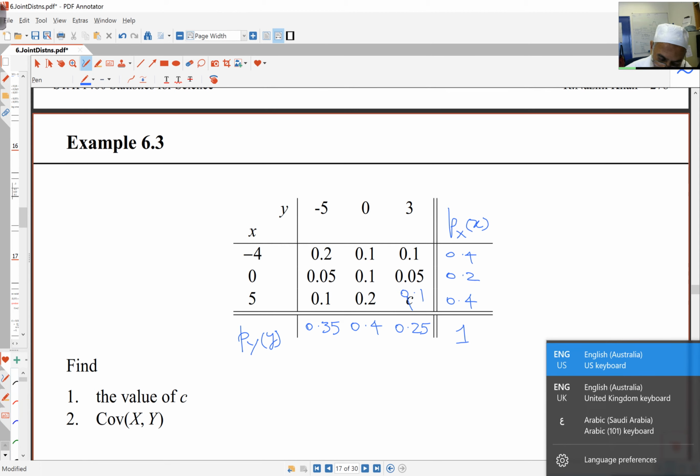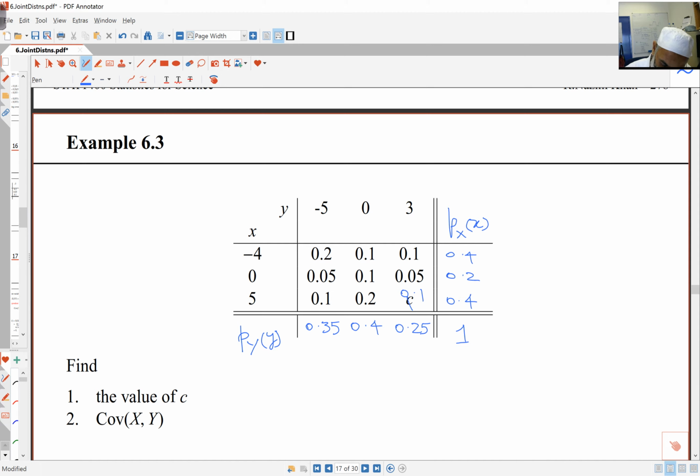So the mean of x first. The 0 can be ignored. So essentially the mean of x is going to be negative 4 times 0.4 plus 0 for the, so negative 4 times 0.4.